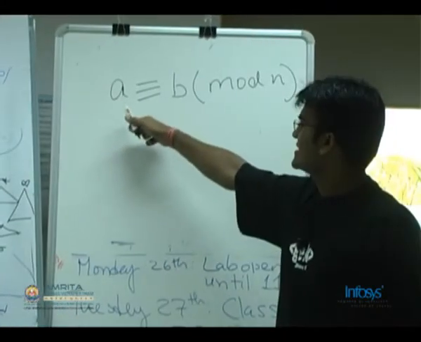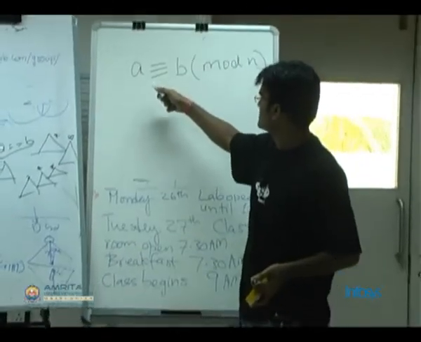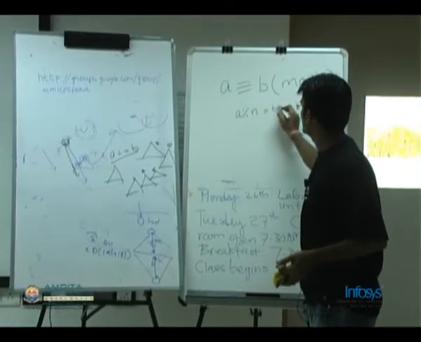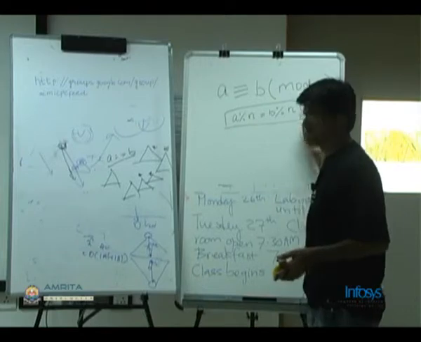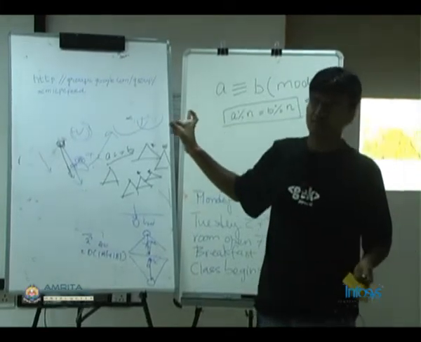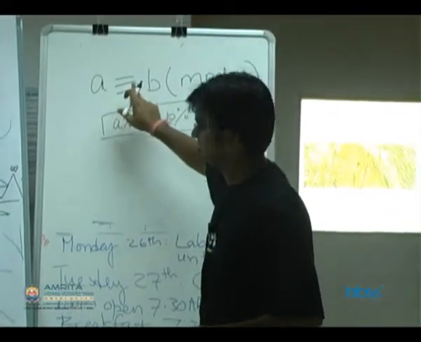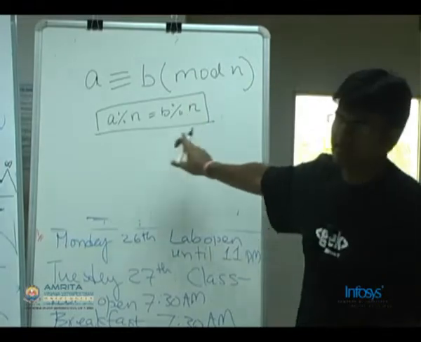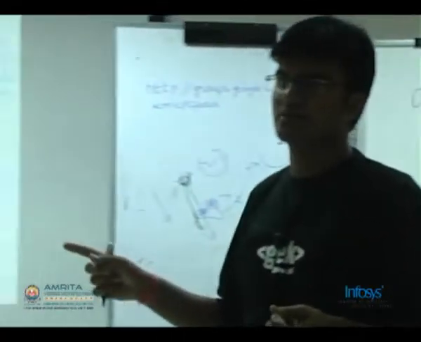This is read as A congruent B modulo n, which means that A mod n is equal to B mod n. This is what it means. Okay? This is not an equal sign. This is a congruent sign. This means A mod n is equal to B mod n. I hope this is clear. Please have this in mind for the whole of this lecture because I'll be using this notation.